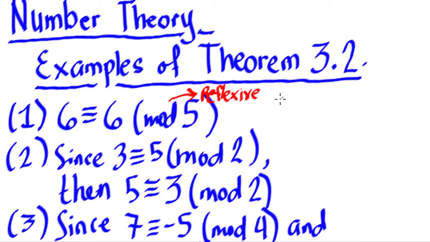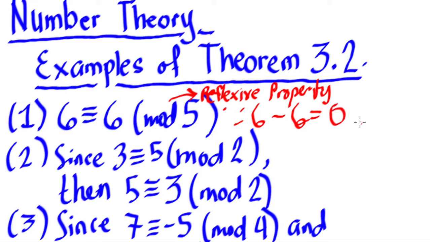If you want, we can prove this. 6 is congruent to 6 because 6 minus 6 is equal to 0, such that 5 is a factor of 0. That's correct, right? 5 times 0 is 0, so 5 indeed is a factor of 0. So that makes it true.